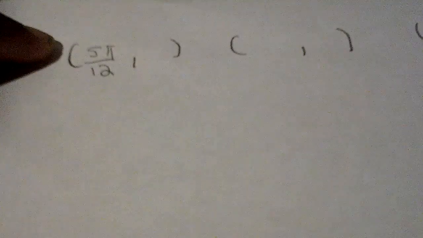Since I found my left endpoint, I can go ahead and put that in, which is 5 pi over 12. And I can do the same thing for the right endpoint, which is 13 pi over 12. Next, I'll bring my 5 pi over 12 and add it to my interval, which is pi over 6.